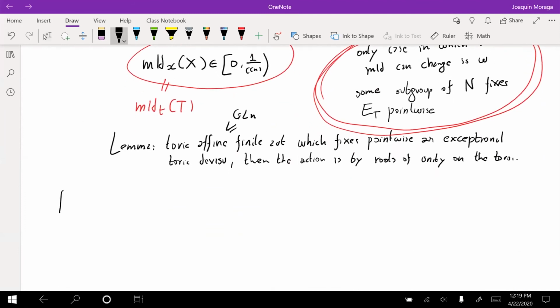So essentially the philosophy, and I don't know if this philosophy is mine, probably I heard it from Shokurov, but then I believe it, is that A is actually the part that changes the MLD. The abelian part is actually the part that changes the MLD.